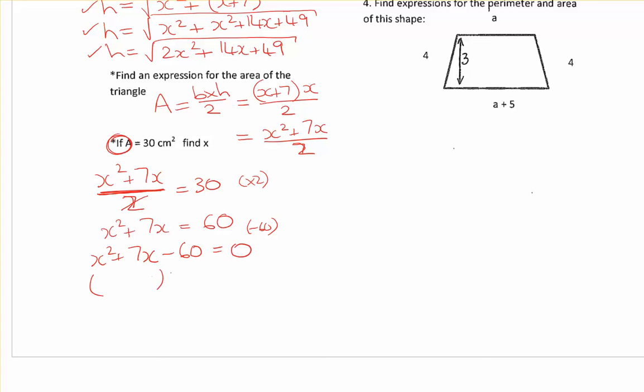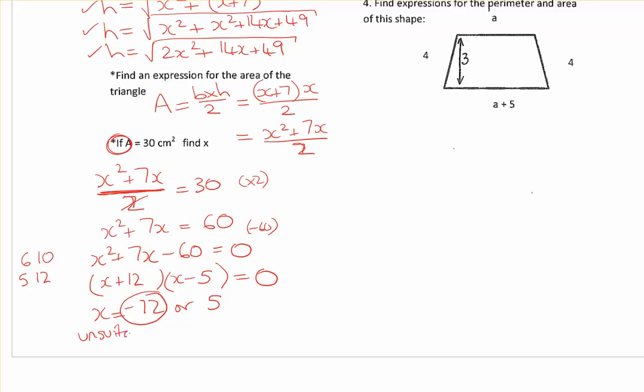And now we could factorise. We need factors of 60. 6 and 10, 5 and 12 would probably work. Plus 12 minus 5, which means x equals negative 12 or 5. Negative 12 is unsuitable. Can't have a negative length, which means x is 5.